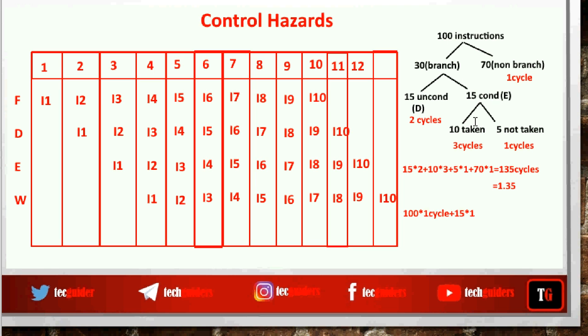Similarly, the conditional branches, if they are taken, they need extra cycles of 2 because the branch target is decided in stage 3. So there are 10 instructions which need extra cycles of 2. Remaining all the instructions need only this one cycle. So all the 100 instructions require one cycle. Among them 15 instructions need one extra cycle and among them 10 instructions need two extra cycles. So total 135 cycles for 100 instructions. Per instruction it is 1.35. The effective CPI is 1.35.